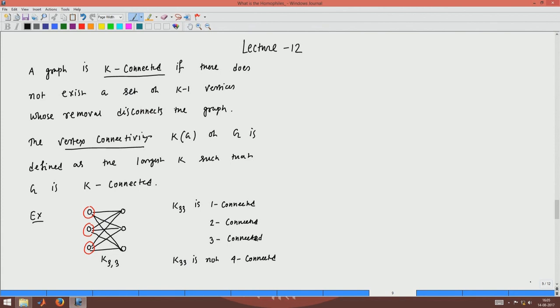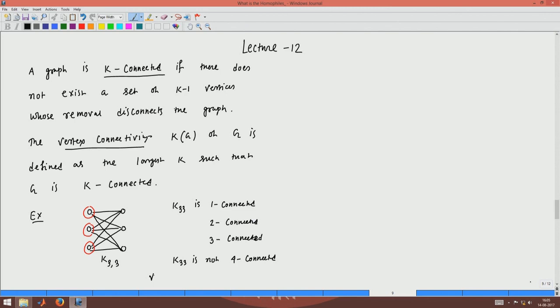So, it is 3 connected, and 3 is the maximum value of k such that the graph is k connected. So, the vertex connectivity of this graph is 3.